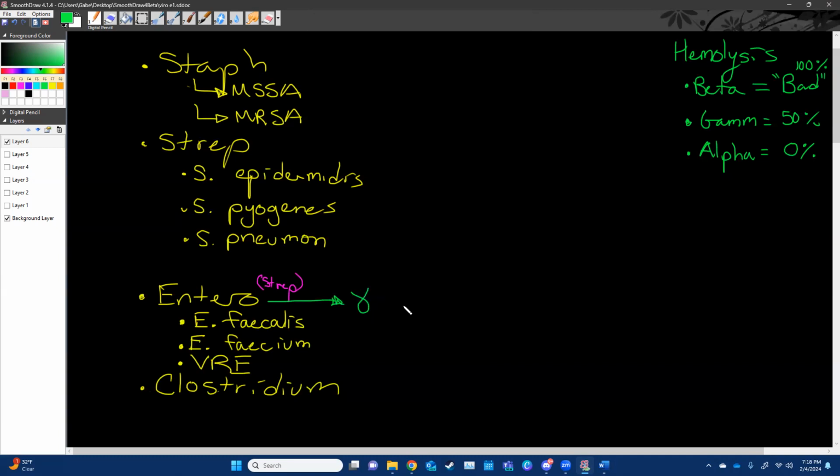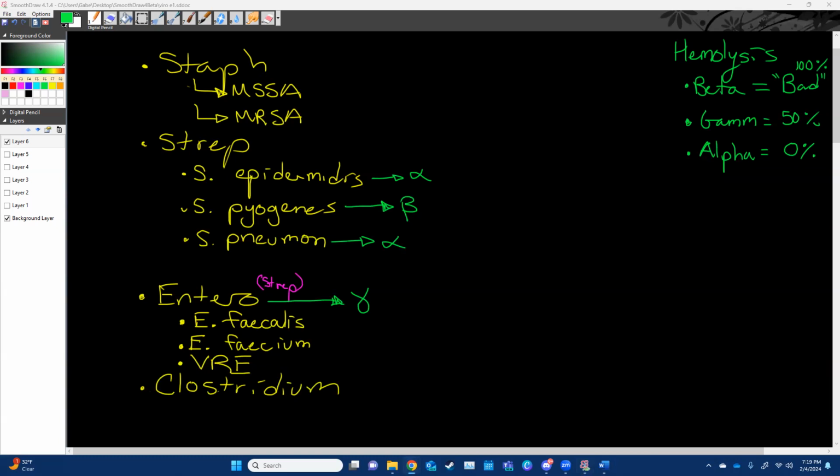Enterococcus is gamma. Some hemolysis. Strep pyogenes is beta. All other kinds of strep are alpha, like epidermidis, pneumoniae, all that good stuff.